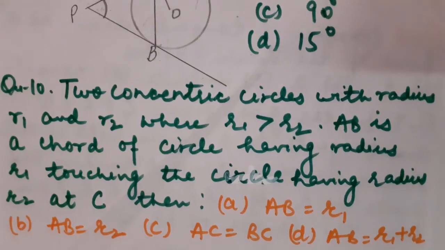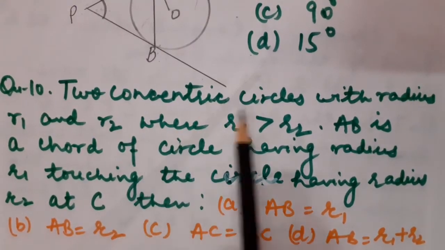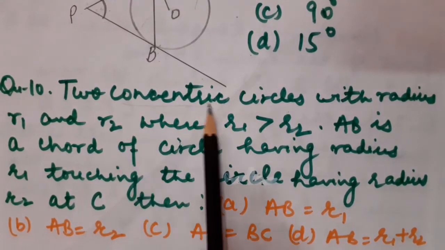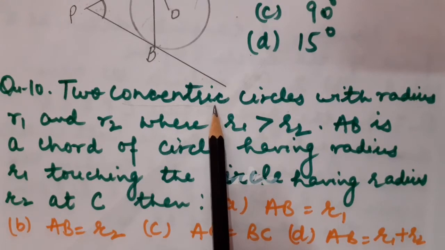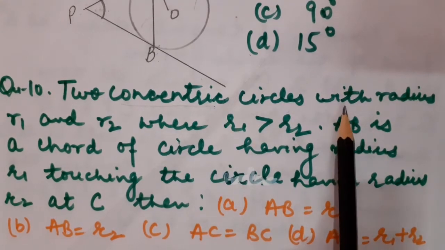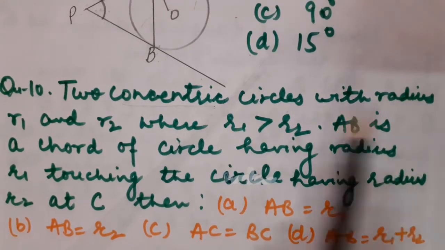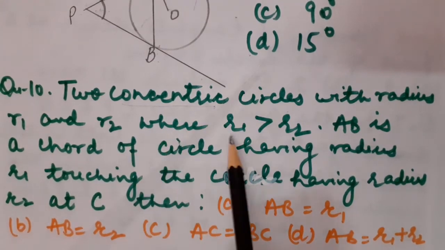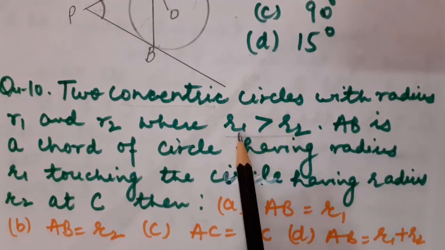Now our question number 10. This is the last MCQ, that is two concentric circles. Concentric circles are those circles which have the same center point, a common center point, with radius R1 and R2, where R1 is greater than R2. It means the circle having radius R1 must be larger in size.